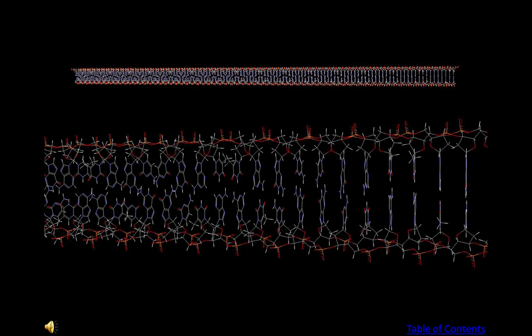Now to our DNA structure. This is a slightly tilted view of the 64 base pair tetraplex template used for all 32 DNA strands in our new histone DNA model.